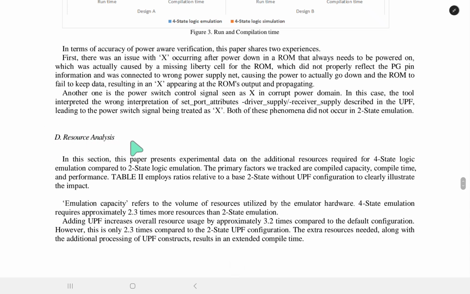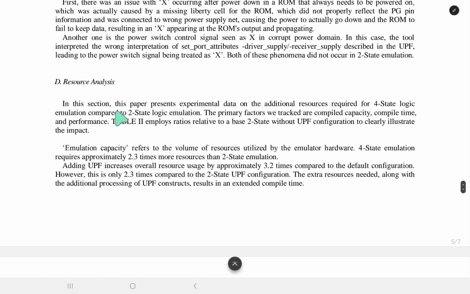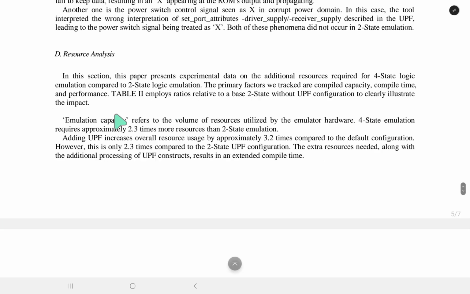The resource analysis. In this section, this paper presented experimental data on the additional resources required for four-state logic emulation compared to two-state logic emulation, and the primary factors we tracked are emulation capacity, compile time, and performance. Table 2 employs the ratio relative to the base 2-state without UPF configuration to clearly illustrate the impact.